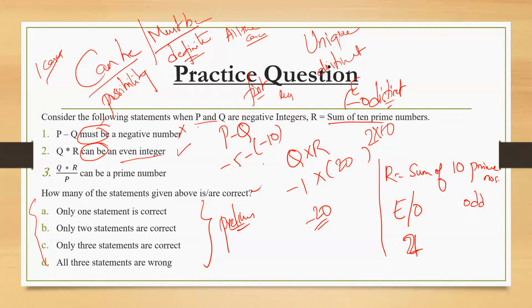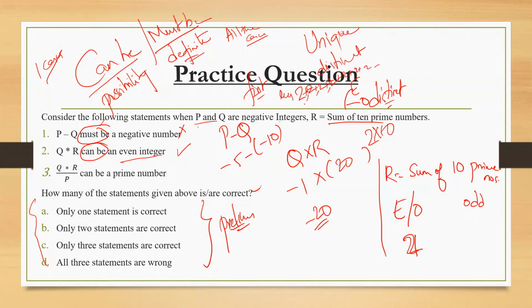See here, Raghavan, Q is what? A negative integer. Okay, -1. R is what? The sum of 10 prime numbers. So I do not know what those 10 prime numbers are. What I have done is I have said that all those 10 prime numbers are 2 itself. That is, R is the sum of 2 repeated 10 times.